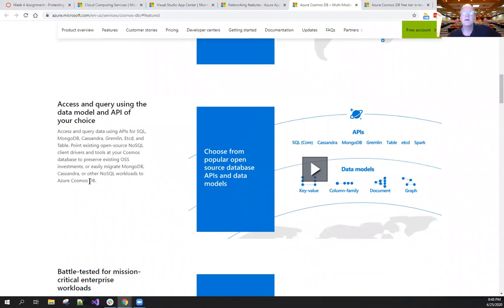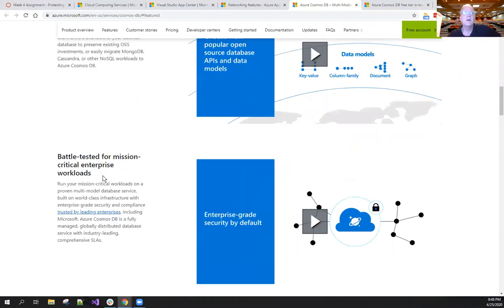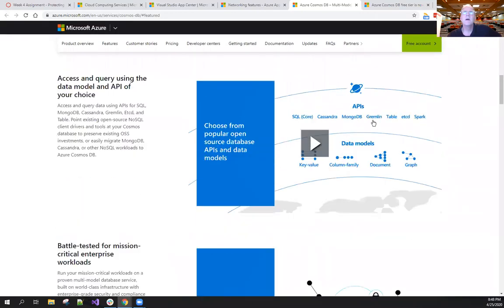A model, key value pair. Lots of different ways of querying it, which is interesting. It's open source right there. See that? Other notes.